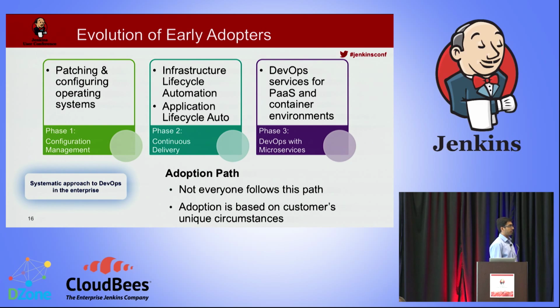On top of it comes application provisioning, supporting application lifecycle automation to support the continuous delivery process. And the later phase, the natural propagation in this DevOps journey, is the adoption of PaaS and containers, which are known for cloud-native apps and microservices. This is a well-known path, but it's not truly the way all the customers we're looking at are currently following it.